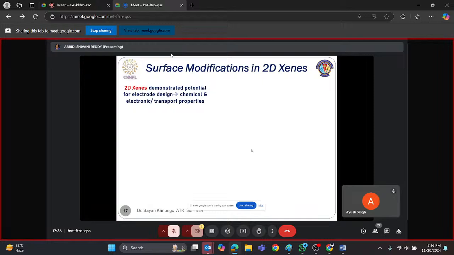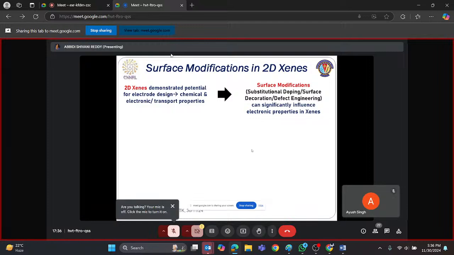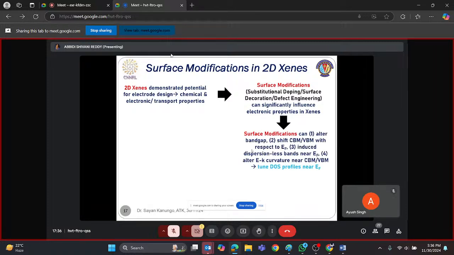In this context, let us look into a few surface modification techniques like substitutional doping, surface decoration, and defect engineering, which can significantly influence the electronic properties of 2D Xenes. These surface modification techniques are used for meeting a specific objective, that is, altering the band gap and shifting the conduction band minima or valence band maxima with respect to the Fermi level.